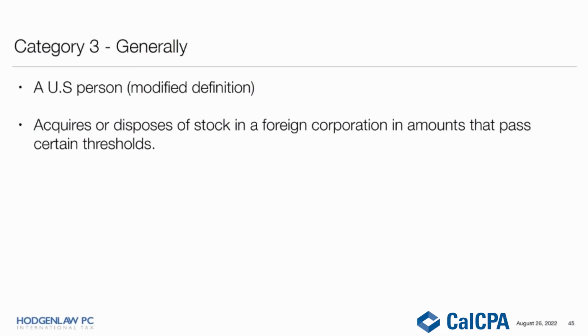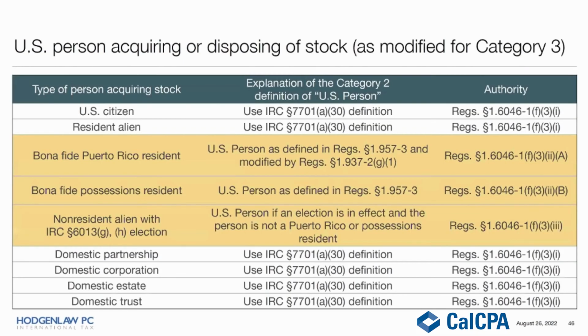So, category three, this again is a transaction driven filing requirement. It only exists not because of your ownership, but of a transaction of enough stock, acquisition or disposition, in the corporation. And this is where you tell on yourself, not somebody else telling you, but you self report. Again, the same thing. Sorry about the typo in the middle column.